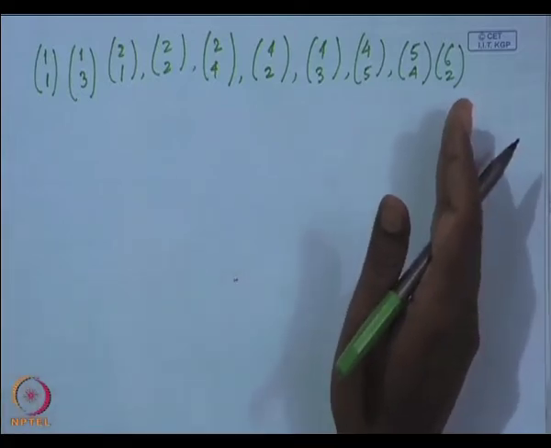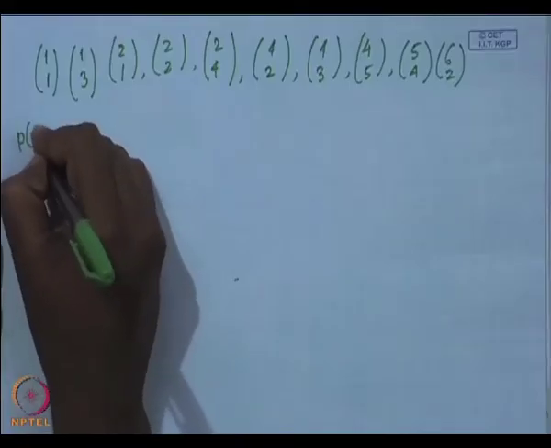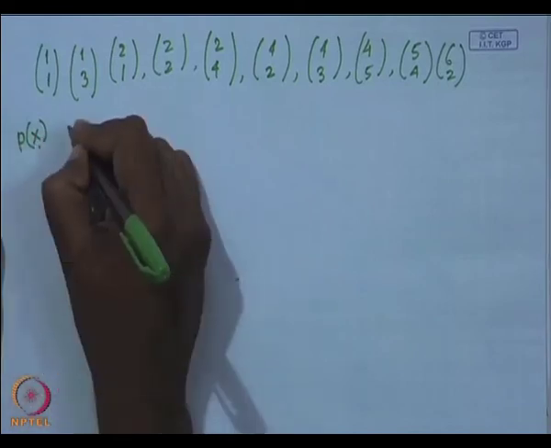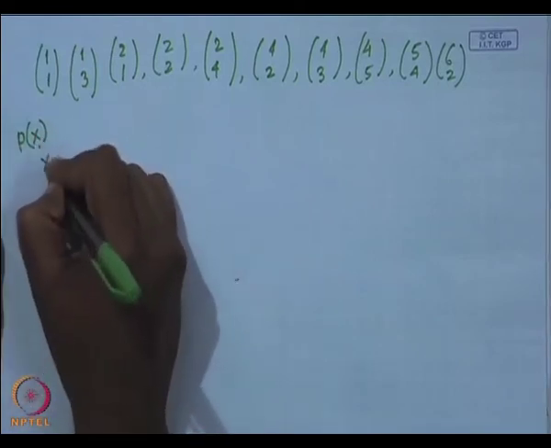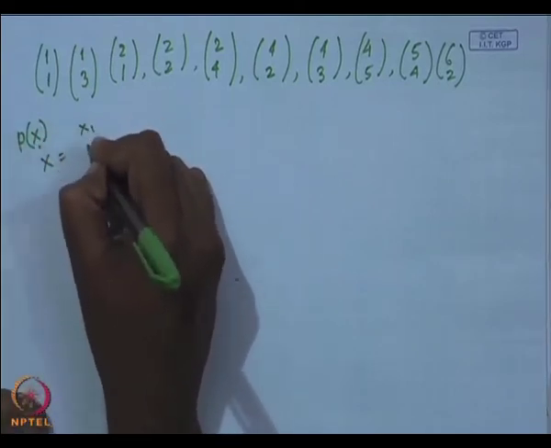Suppose these are the two dimensional feature vectors that we have, and using these I have to estimate the probability density function p of x, where x is a vector of the form (x1, x2).